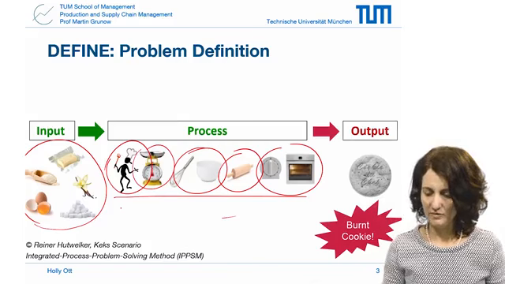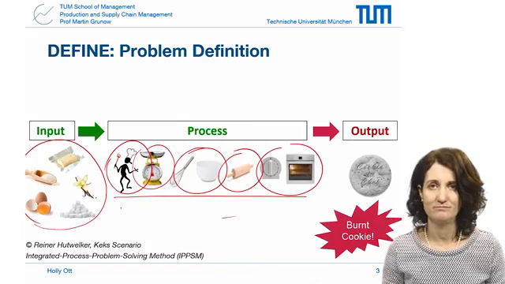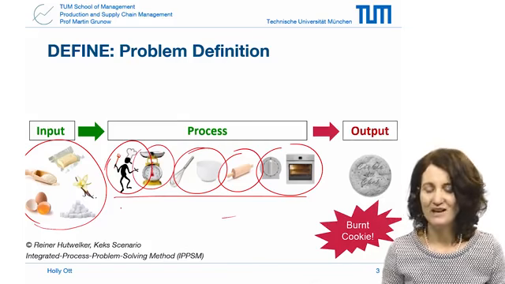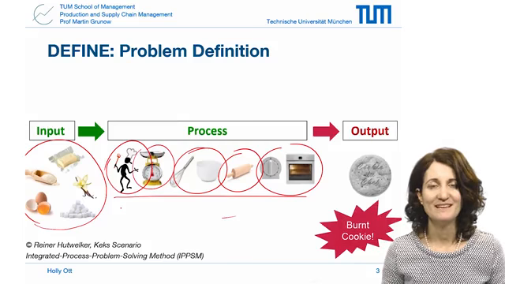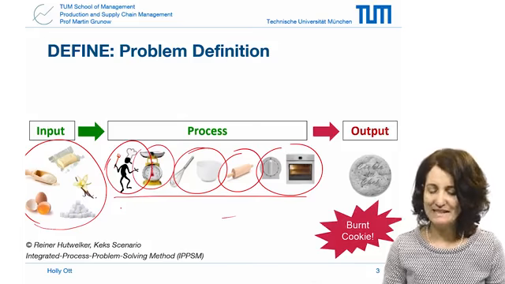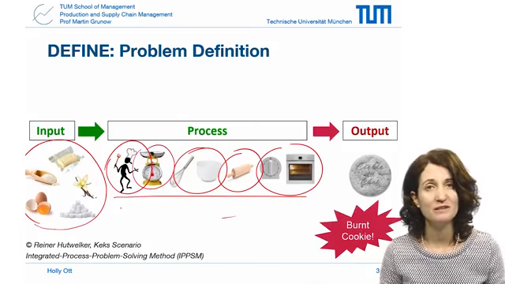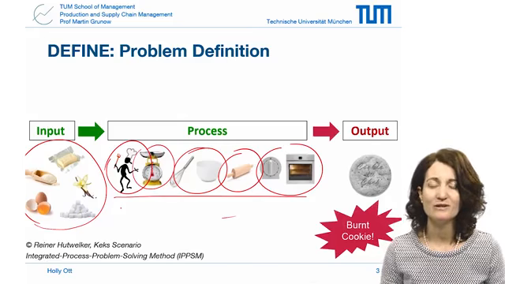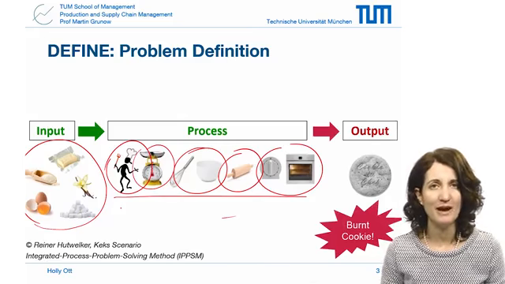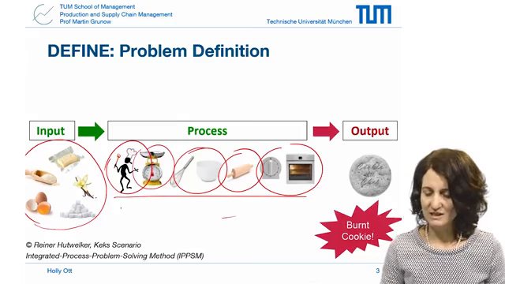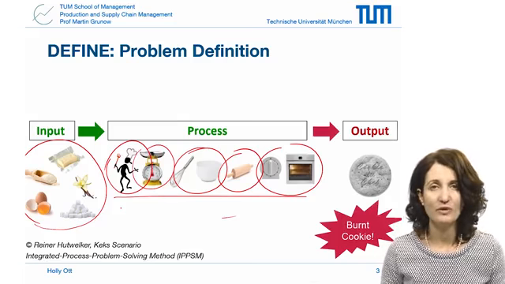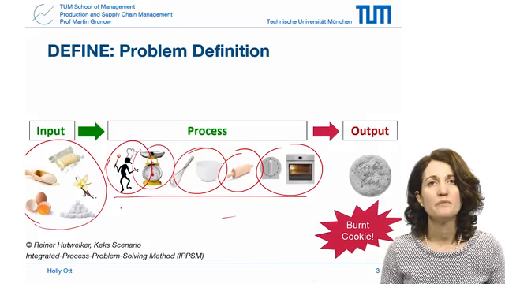Now, at the end of our process, we have a burnt cookie. How do you know that this is not meeting your customer expectations? Well, if you're thinking about cookies, probably you want your cookies to be the right color. You don't want them to be green or yellow. You want them to be sort of brown, the chocolatey, dark brown. You want them to be not burned.